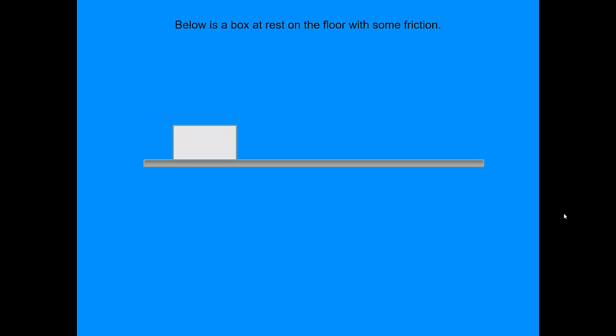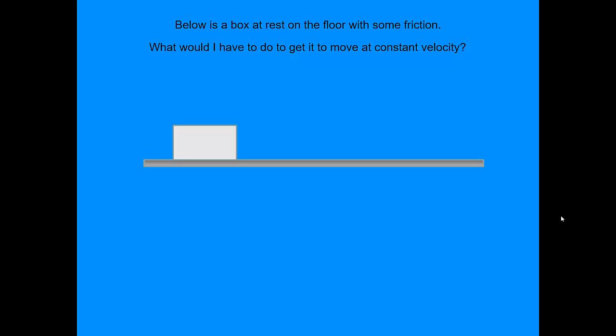Hello everyone. So here's a box, right? And it's on the floor, and there can be friction between the box and the floor. There isn't any now, but there would be, right? What would I have to do to have it move at a constant velocity? Well, of course, I would have to apply some sort of force to it.